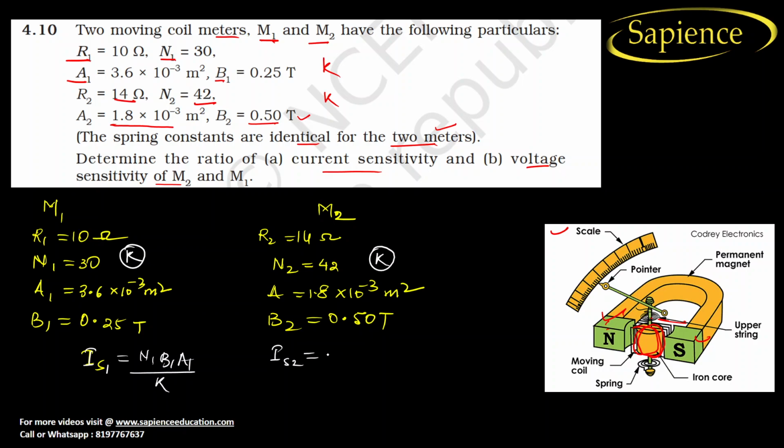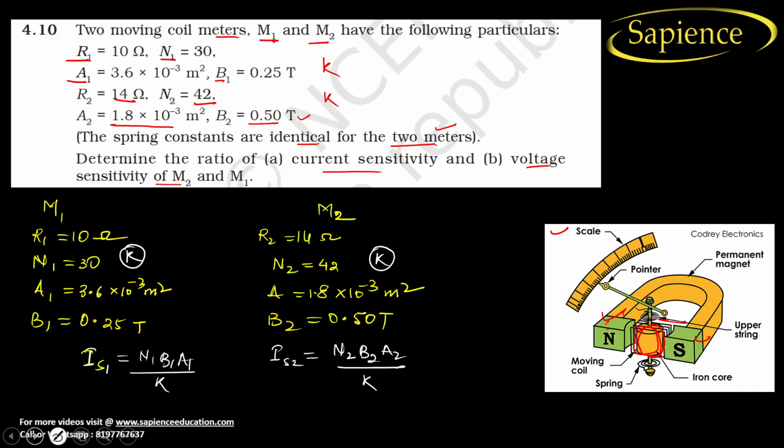Current sensitivity of coil 2 will be N2 B2 A2 divided by K. I hope you have understood this one. Just put the values to get the ratio.